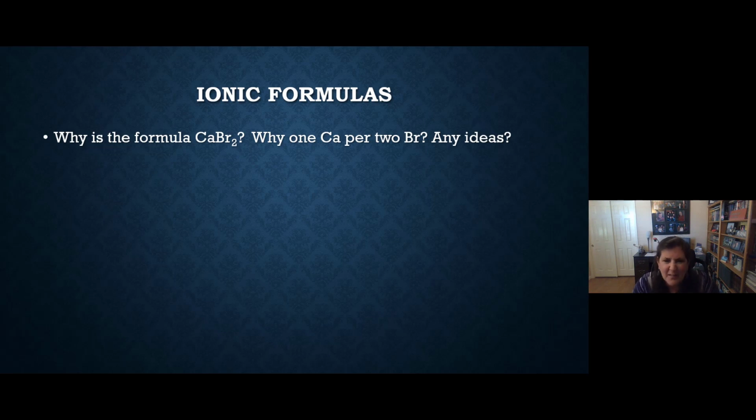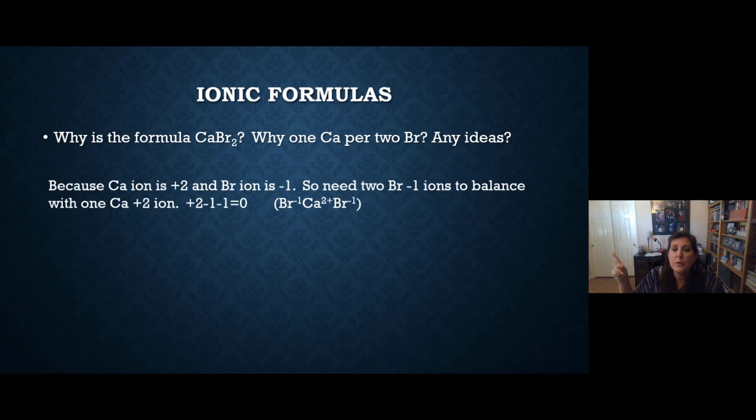That doesn't add up to 0. Ca is a +2, so we need 2 Brs to go with it. So 2 Brs would be -2 because they're -1 each. So the formula is CaBr2. We need 2 Br -1 ions to balance with the one calcium +2 ion. So +2 -1 -1 equals 0.